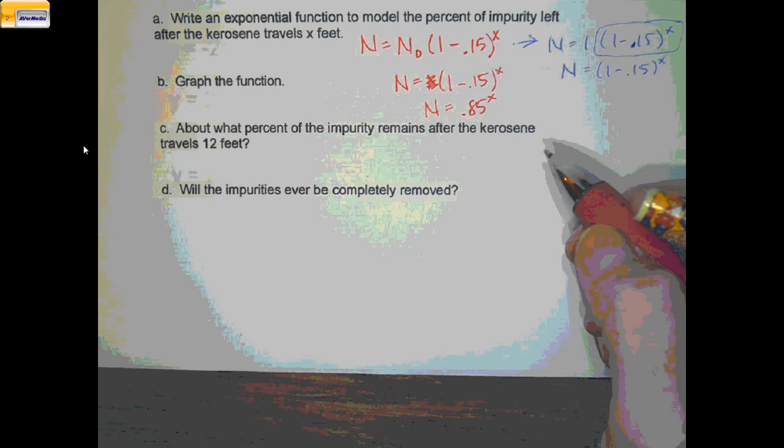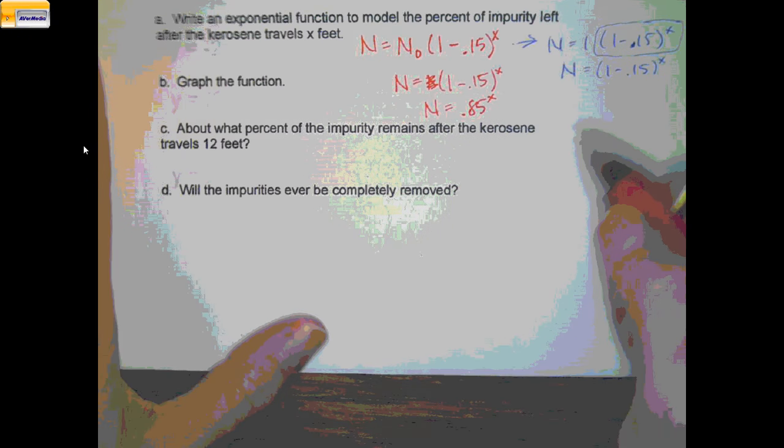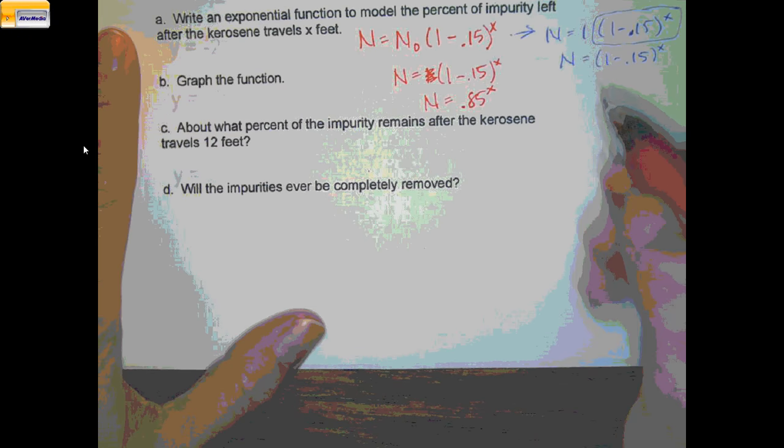Letter C. What percent of the impurity remains after the kerosene travels 12 feet? Well, where did I put the 12? x. So n equals 0.85 to the 12th. We type it in. What'd you get?